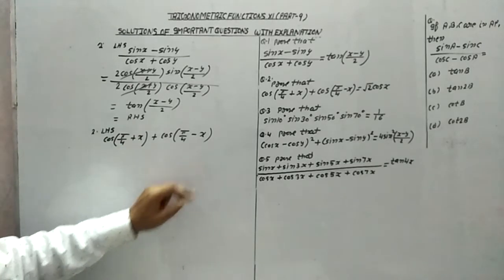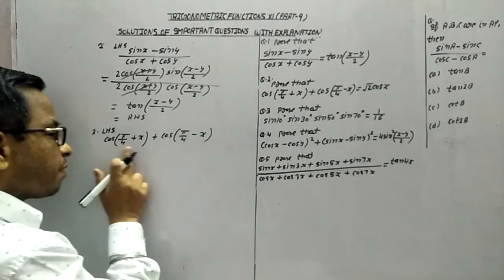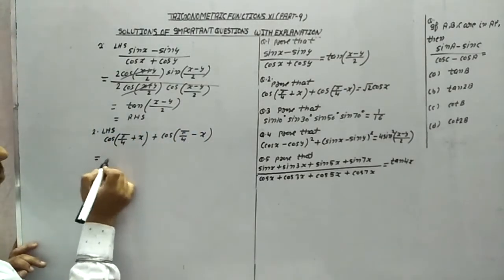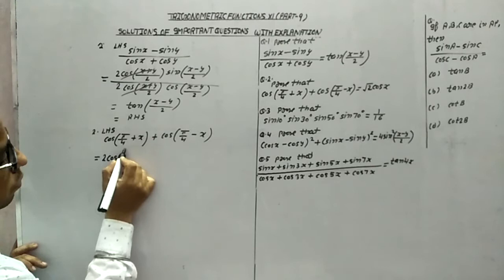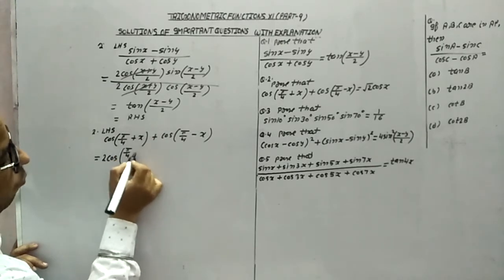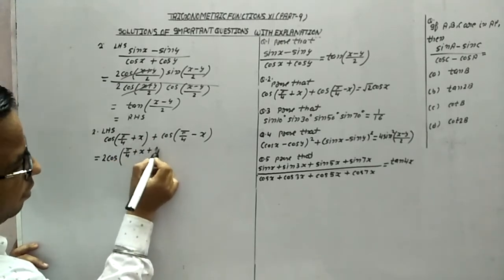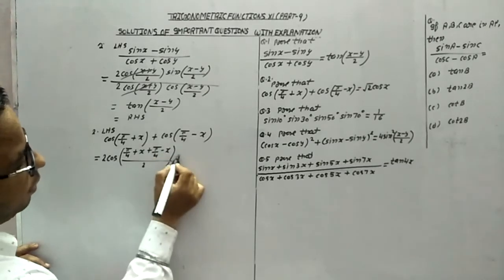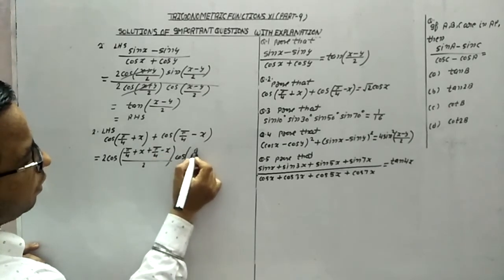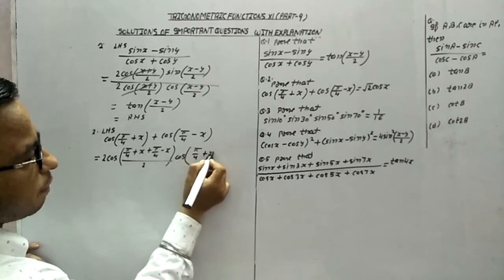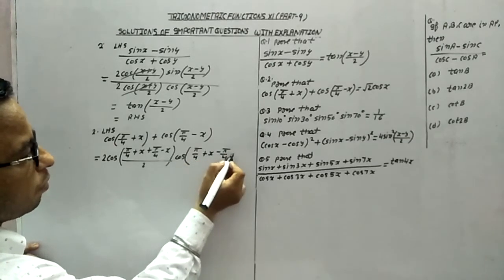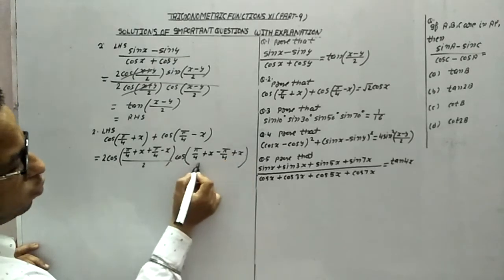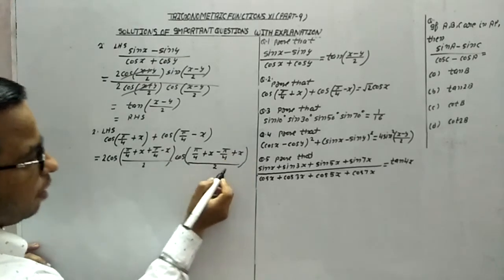Or I consider this whole part as C and this whole part as D. It means this is 2 cos of (pi by 4 plus x plus pi by 4 minus x) upon 2, and cos of (pi by 4 plus x minus (pi by 4 minus x)) upon 2.